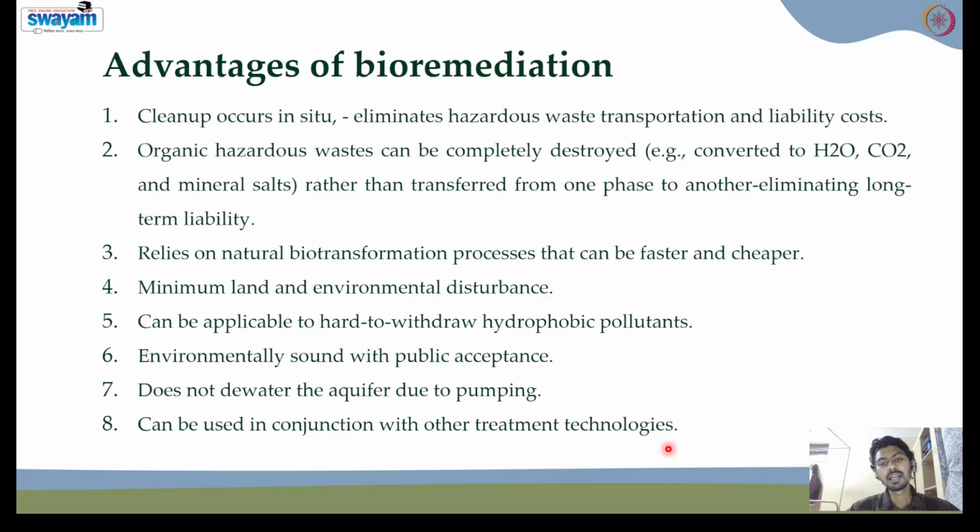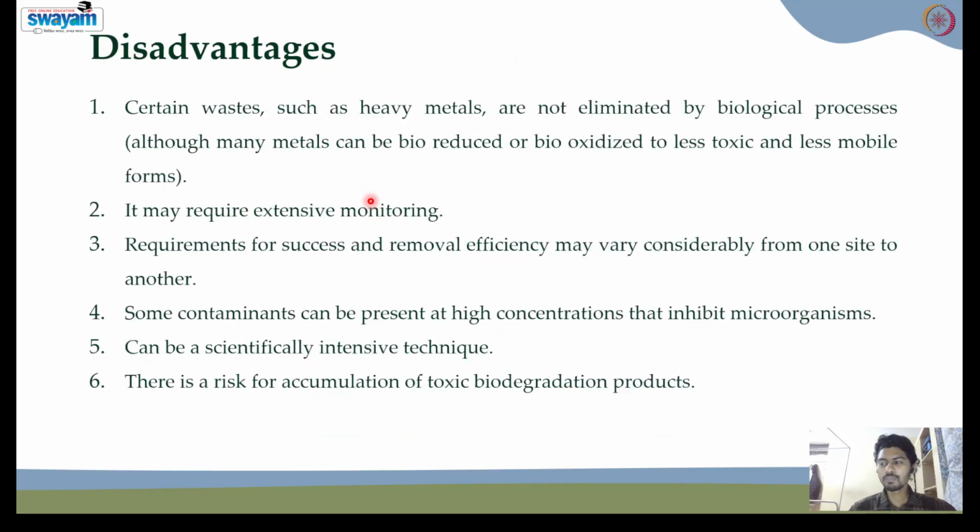So these are the advantages of bioremediation, and there are also some disadvantages. Certain pollutants, for example heavy metals, are not completely eliminated by this biological process. That is, they are not completely destroyed by the microbes.